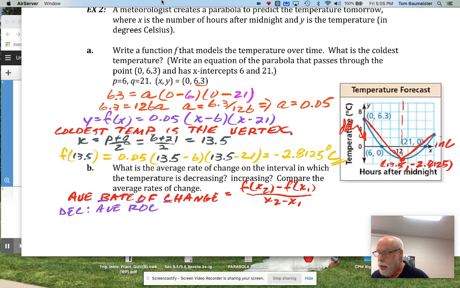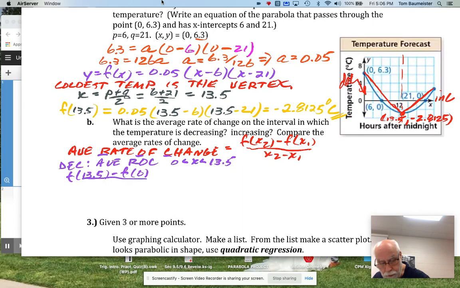We're going to see that is over the interval from 0 to 13.5. So now I'm going to plug in just like it said: f of 13.5 minus f of 0 over 13.5 minus 0.